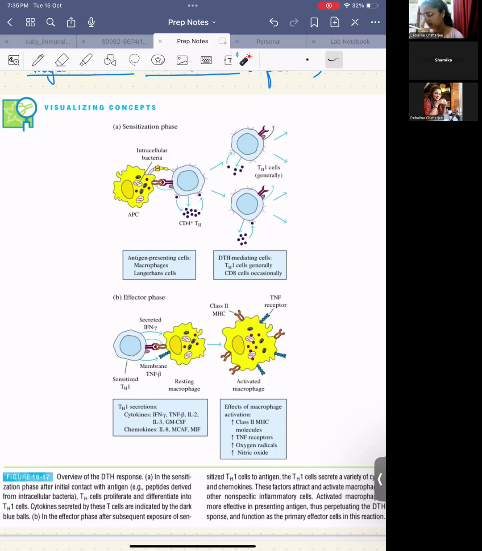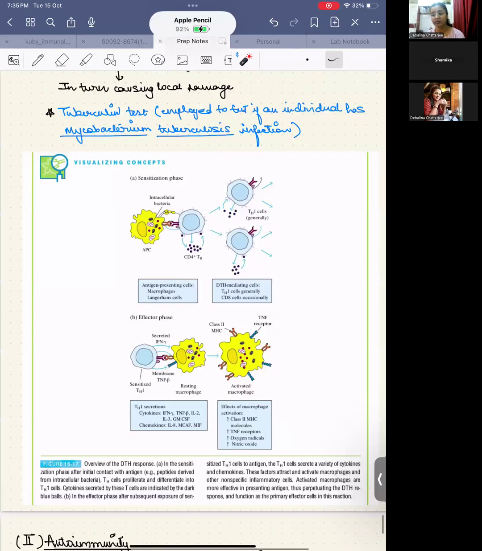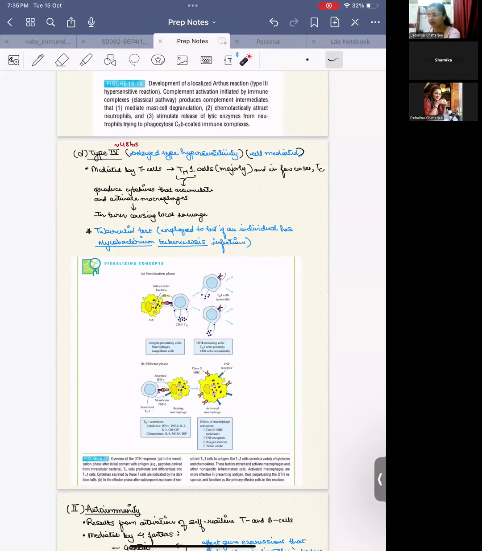So oxygen free radicals and NO. These are all free radicals that are produced, and free radicals are harmful to your body cells, right? So via cytokines or via production of these active components, your macrophage is going to cause tissue damage in the delayed type hypersensitivity, which is also the type 4 hypersensitivity.